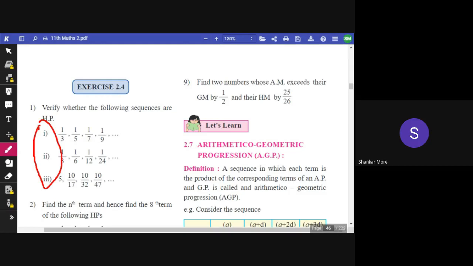First one is HP. Is it HP? It is HP. A is equal to 3, R is equal to 2. Everyone try it. बाकी लोग ट्राई करो.